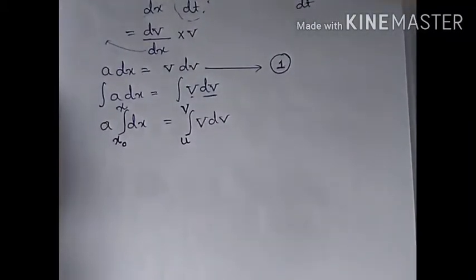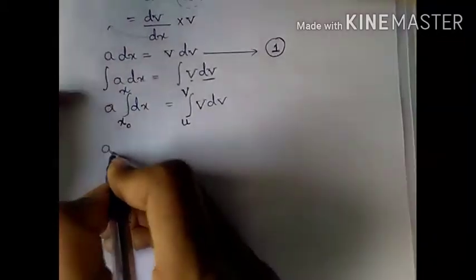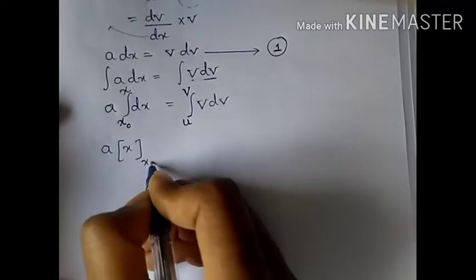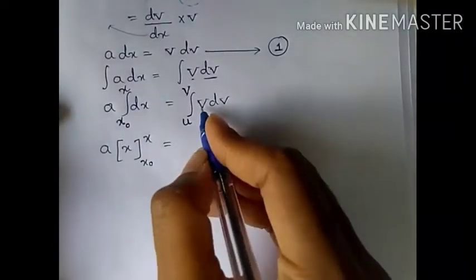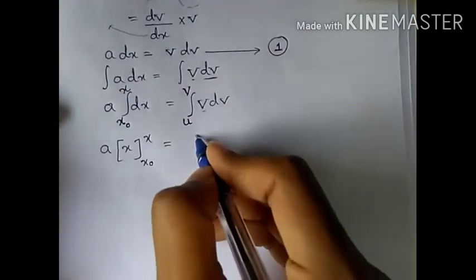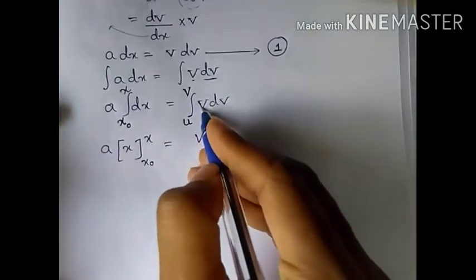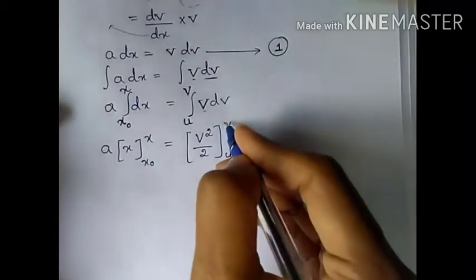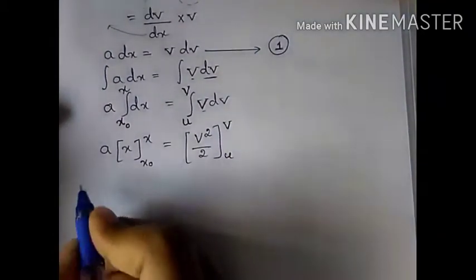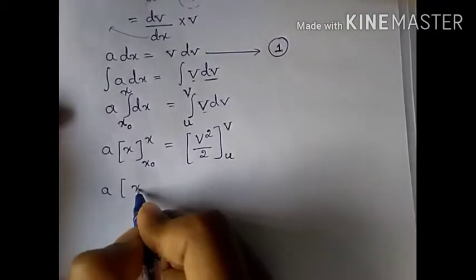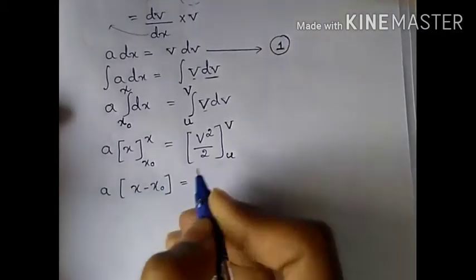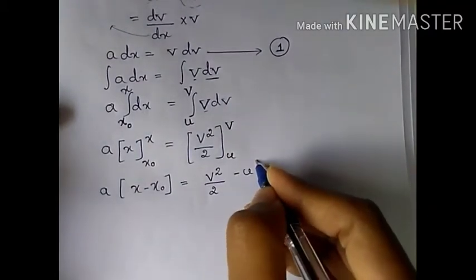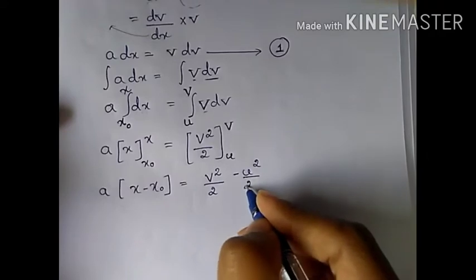Now let us integrate this equation. The integration of dx is x with the limits x0 to x. The integration of v dv will be v square by 2 with the limits u to v. So a times (x minus x0) is equal to v square by 2 minus u square by 2.